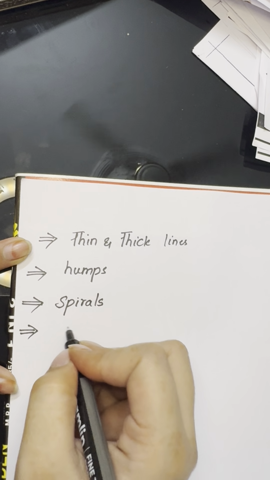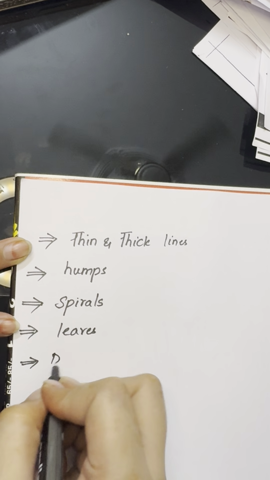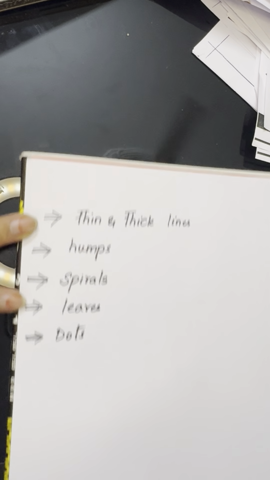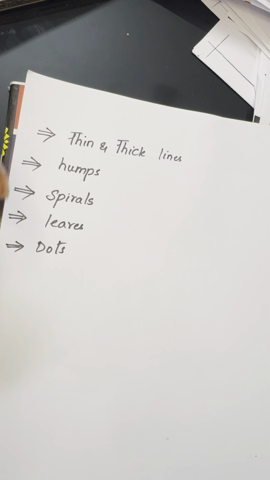Fourth, leaves. Fifth, dots. If you just focus on all these 5 elements, it's more than enough to create endless varieties of designs.